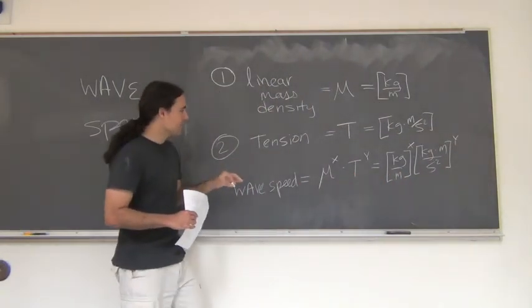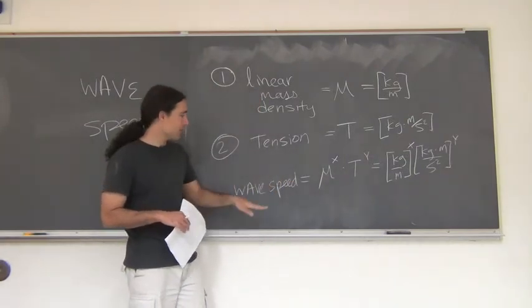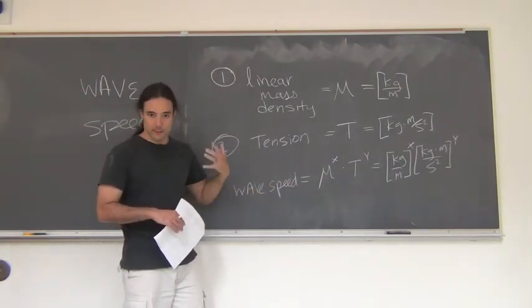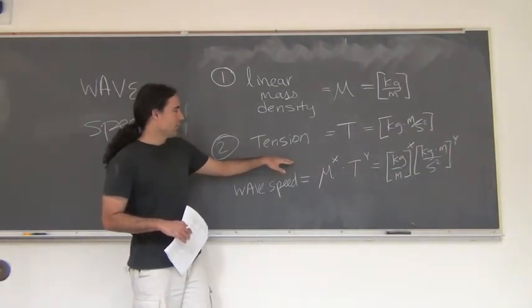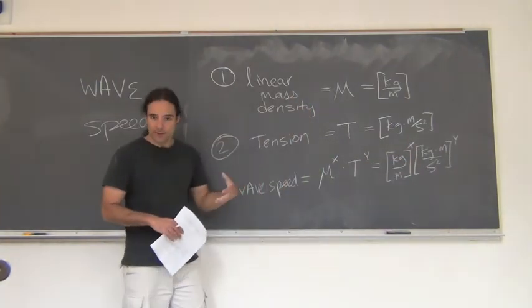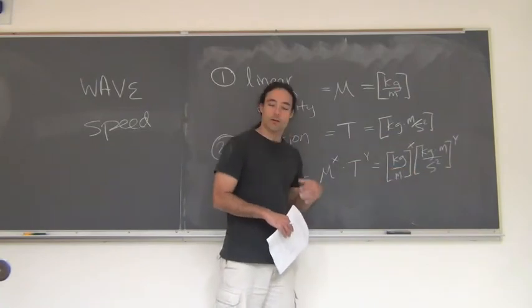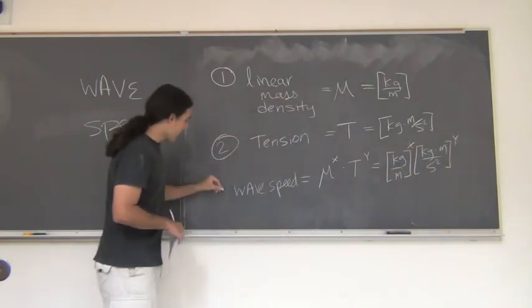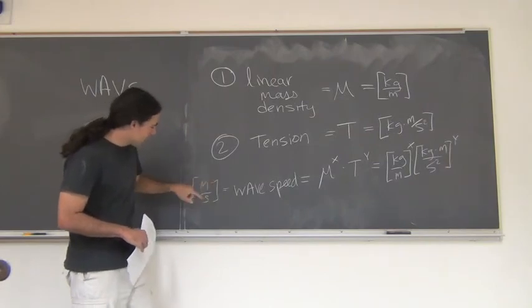How can I combine these two quantities to give me something with units of speed, in units of meters per second? Well, let's see. Tension is the only term that has seconds in it. And it has seconds in the denominator and it's squared. But I want seconds in the denominator to the first power.